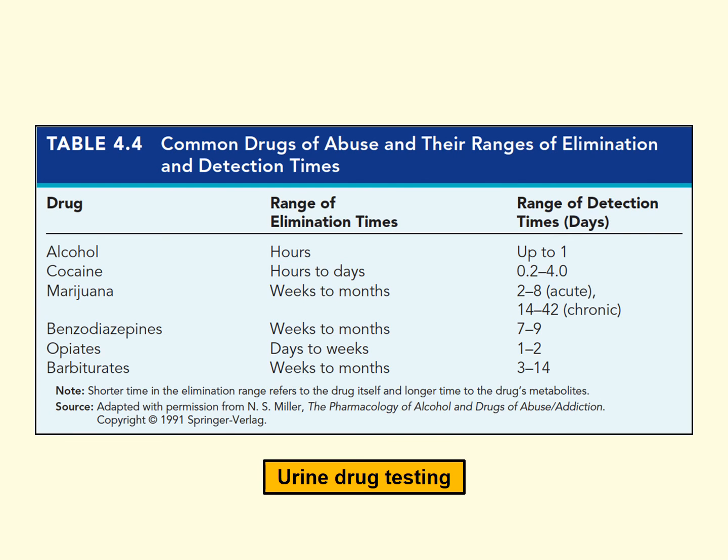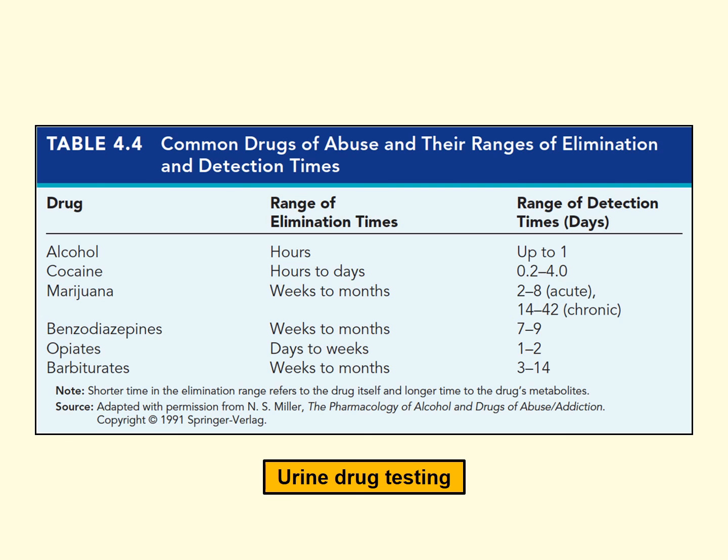Now here's a table from a textbook that is actually adapted from a pharmacology textbook, as you can see in the citation there. And you can just see that there's a range of elimination and detection times for different types of drugs. For some drugs like alcohol, we can detect alcohol in your body, depending on how much you've consumed, for a period of time that can be measured in hours, and we can detect some of the metabolites of alcohol for up to maybe a day afterwards.